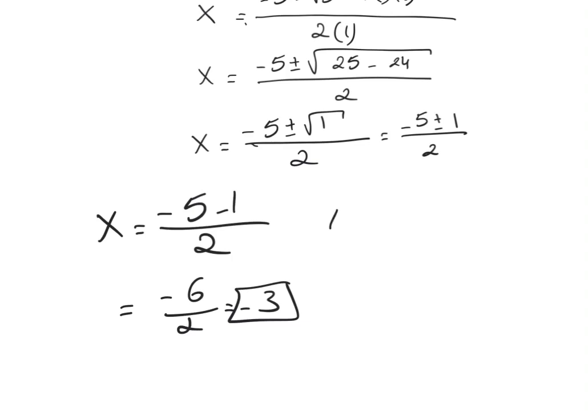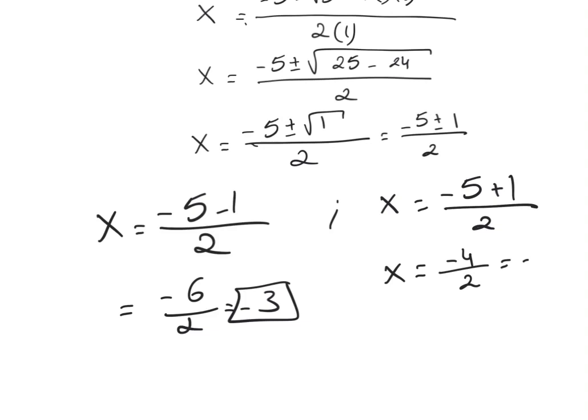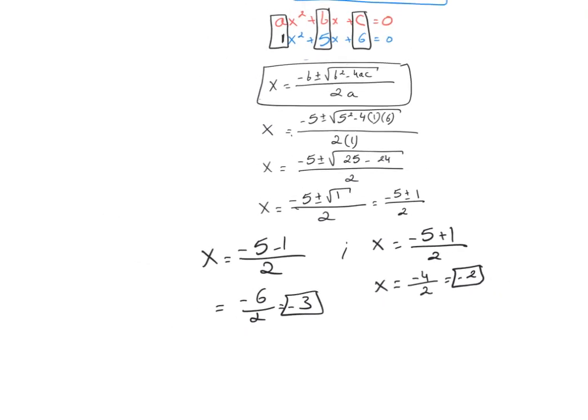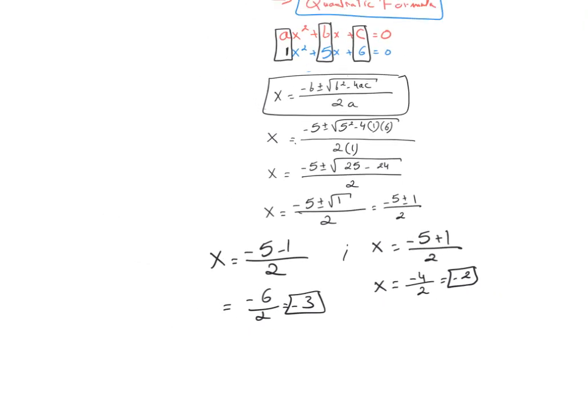The second solution is negative 5 plus 1 over 2, which is negative 4 over 2, and that is negative 2. So we have two solutions, negative 3 and negative 2. This is how to use the quadratic formula, and we found the same answer as with factoring.